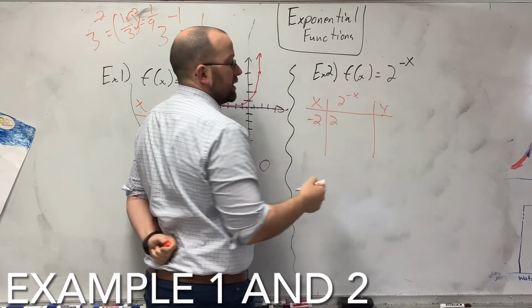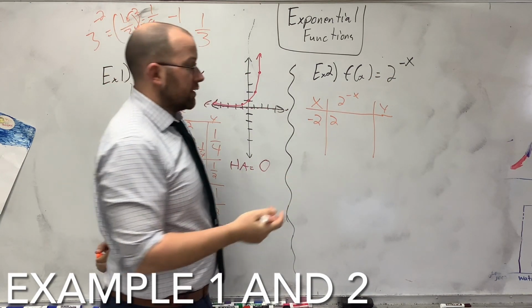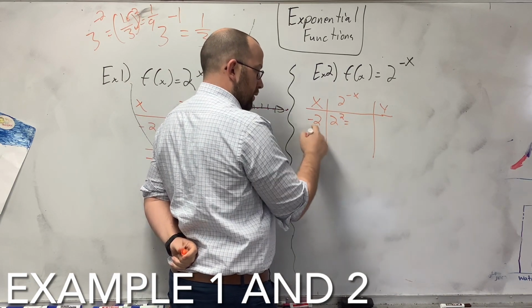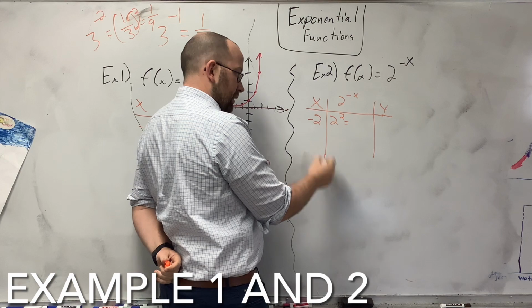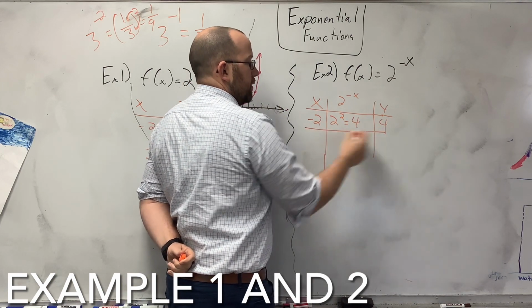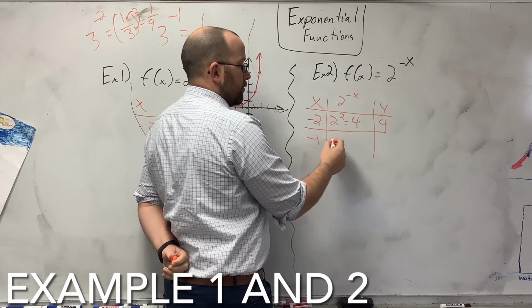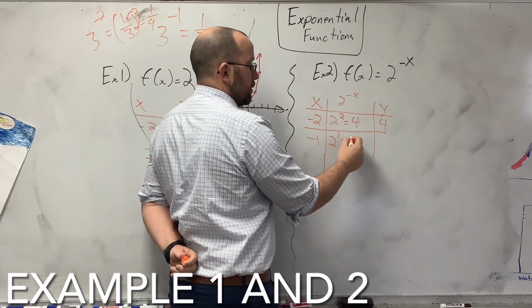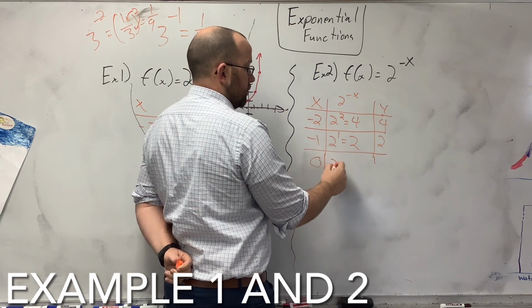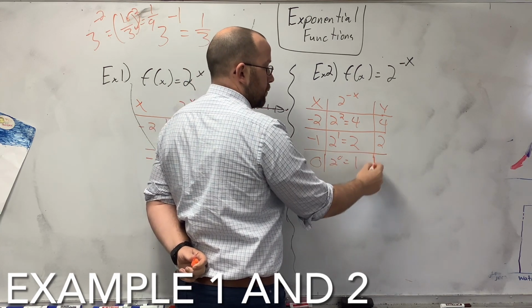What that negative means is you switch the sign in this case. So if I plug in -2, it's going to make it 2. So 2 squared gives me 4. Plug in -1, I get 2 to the 1, which is 2. Plug in 0, anything raised to the 0 power is always 1.